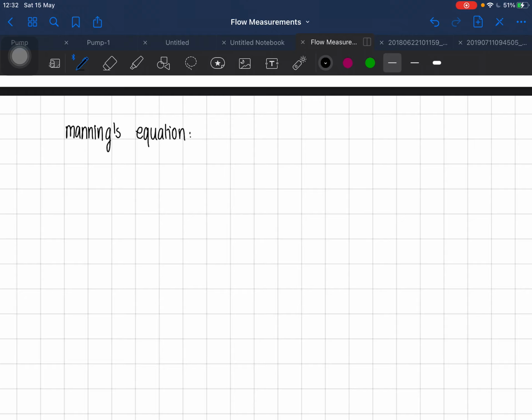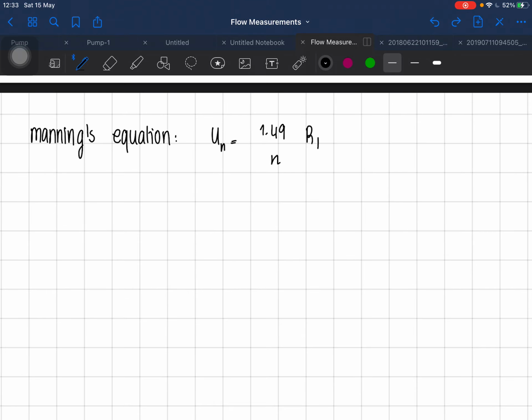So for V, which is the velocity, equals 1.49 over n. I can also try to copy and paste, but I just want to make you guys remember this so that you won't have any regrets seeing this, like, oh, I cannot remember.